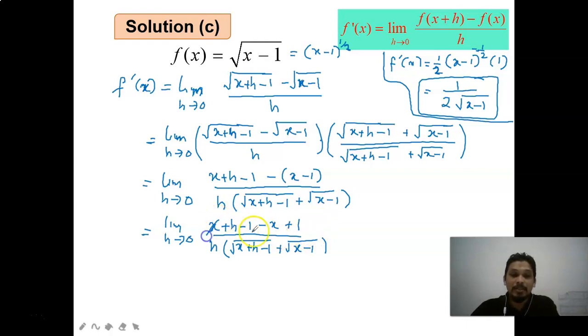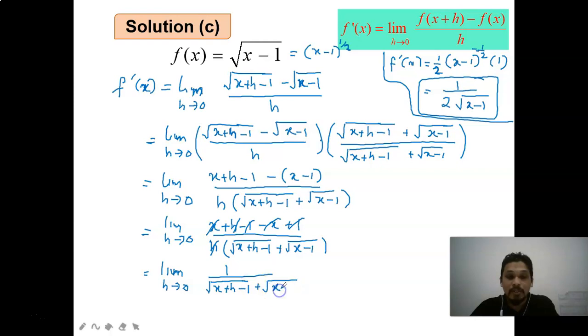Okay, x minus x, negative 1 plus 1. So what's left on the top is only h. So h divided by h, 1 left. Okay, so limit of h approaching to 0, 1 divided by square root of x plus h minus 1 plus square root of x minus 1.